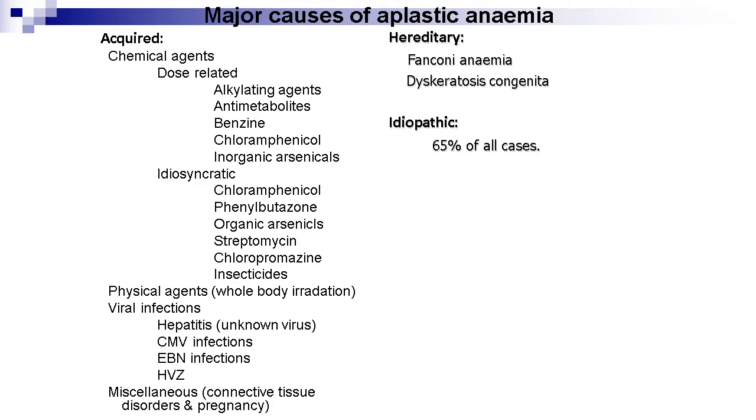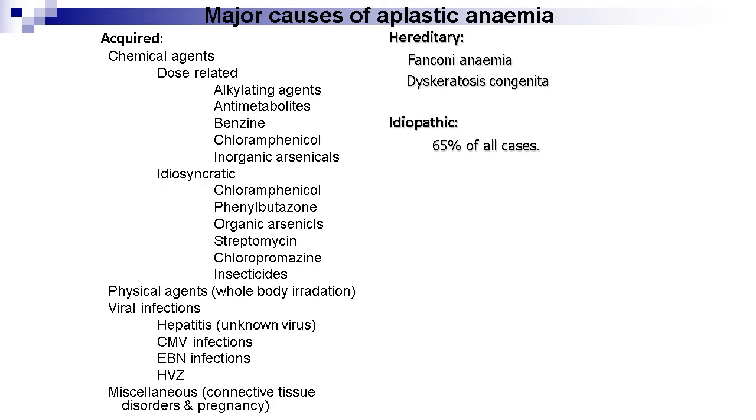Some are chemical agents, some are physical agents, viral or biological infections, and miscellaneous. Within the chemical agents, there are some dose-related and some are idiosyncratic. Dose-related, as you increase the dose, there is a high probability to develop aplastic anemia.